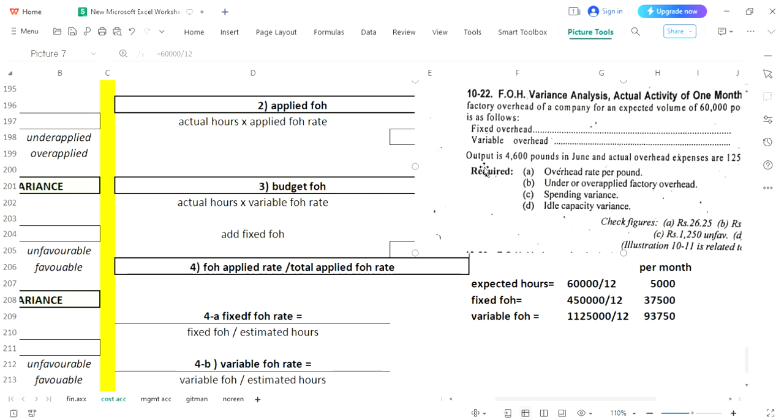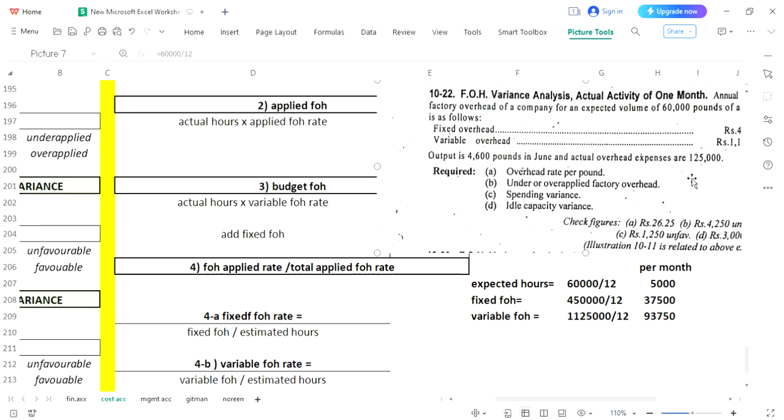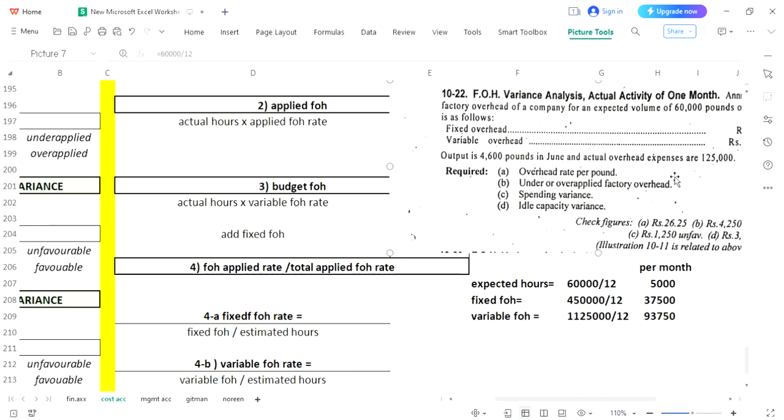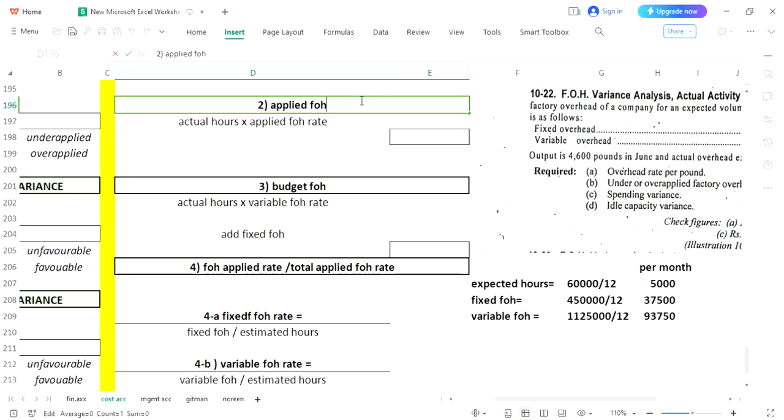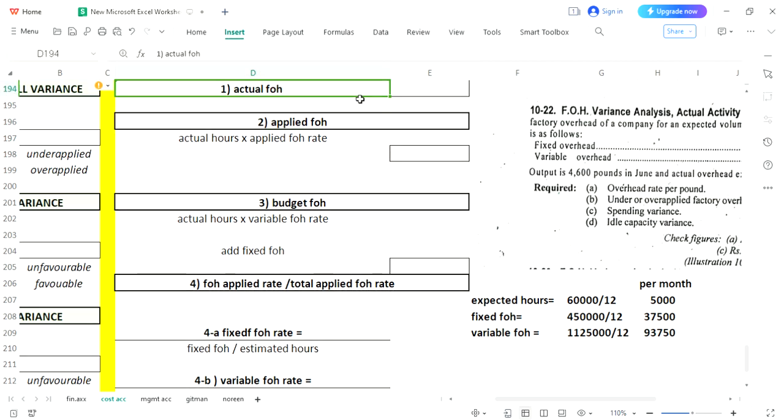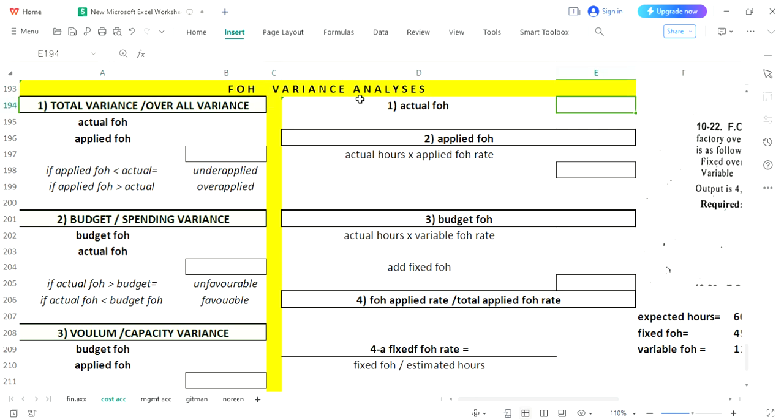Here you can read output is 4600 pounds in June and actual overhead, you can see it's written over here, actual FH is 1,25,000. The first amount which we will put is actual FH, which is normally present in the question, and we have seen that it is 1,25,000.